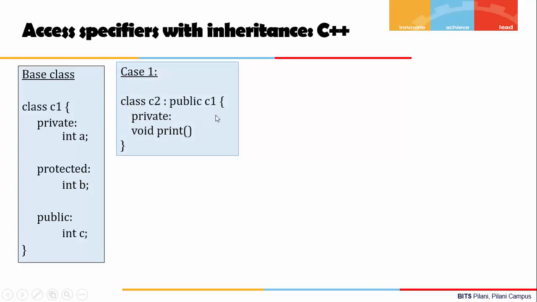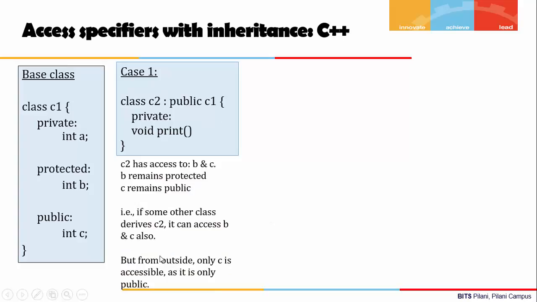This is the syntax of derived class which we saw just now. C2 has access to B and C because it is a public access specifier. It has access to B and C, both protected and public variables.